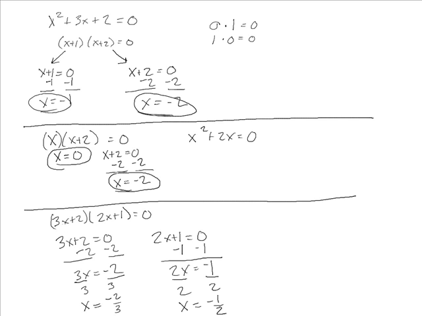If you look back at our original factors, you can always tell if it's going to be an integer or not. Basically, you can take the last term, divide it by the first term, and that tells you whether you're going to have an integer or a fraction. If it's an integer, then your answer x is going to be a whole number.